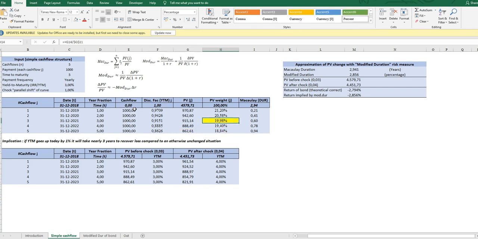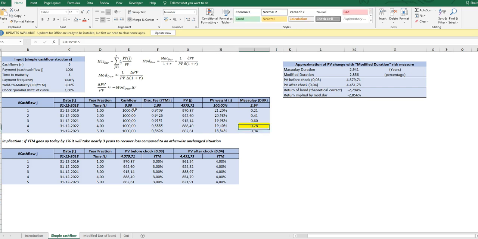And what we need to calculate the Macaulay duration is the relative PV weight of each PV on the time periods. So here we calculate the PV, which is here, divided by the total PV. So 862 divided by 4,500.